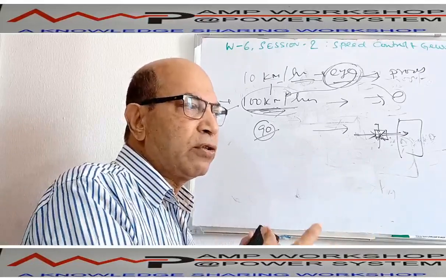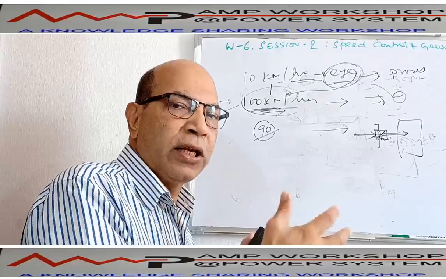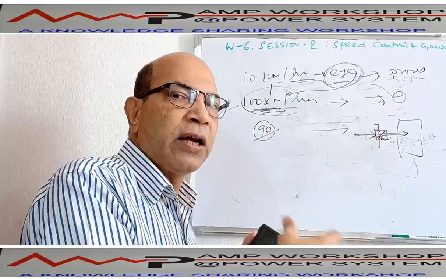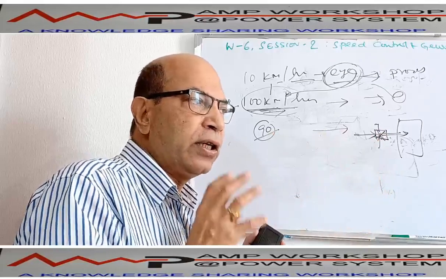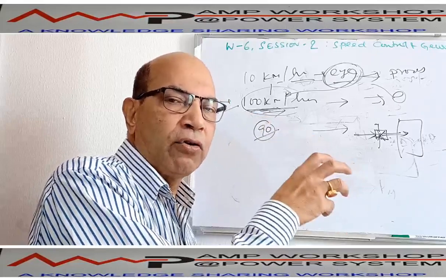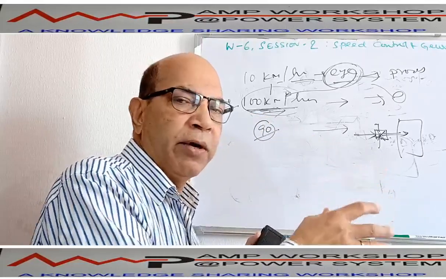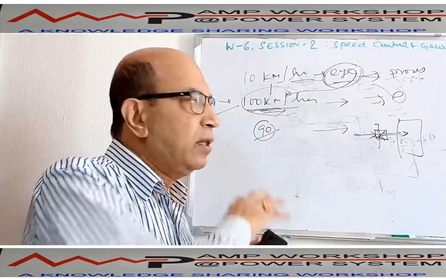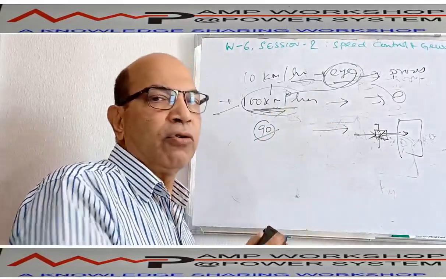So as per this controller, either one, two or all three will be operating on this error parameter. Then a control signal will be generated. That control signal will go to the final control element, and the final control element will take the action to compensate the change of speed. This way, this speed controller works.